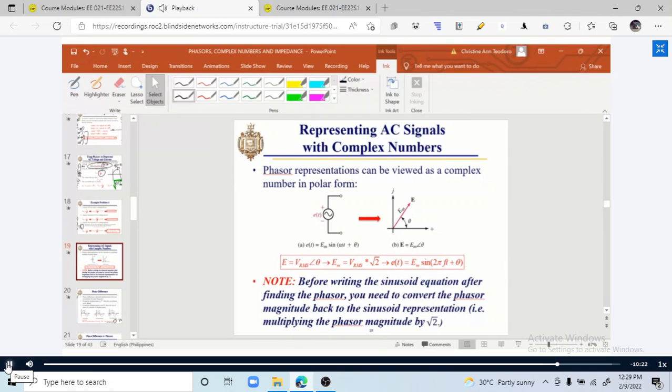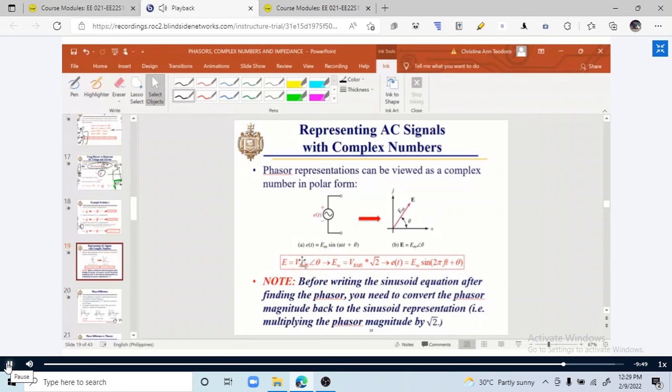What is again the other term for phasor domain? Frequency domain. Very good. Take note of these terms. In order to convert your time domain to phasor domain, you should first get the VRMS, or the root mean square value, by dividing your maximum value by the square root of 2.